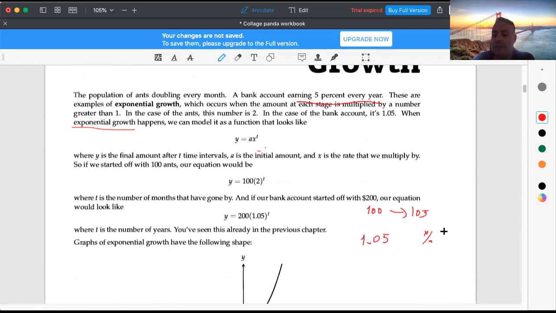Why? 5% means 0.05. 1 plus 0.05, which is 1.05. So in the formula, 1.05 is x, which is our rate, and then 100 is our initial amount at the beginning, what we have in our pocket, and t is how many years later, how much we will get in total. We will see.